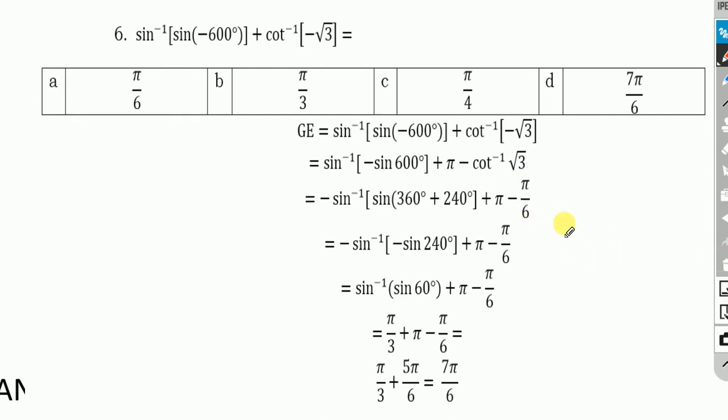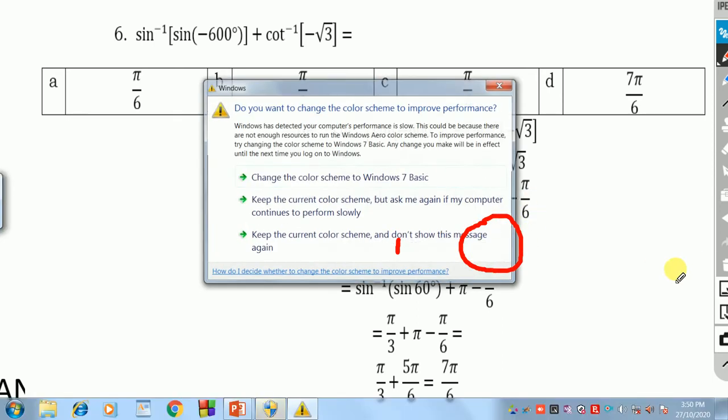Now sin of 360 plus theta is sin theta, so I have minus sin inverse of sin 240 here, plus pi minus pi by 6.